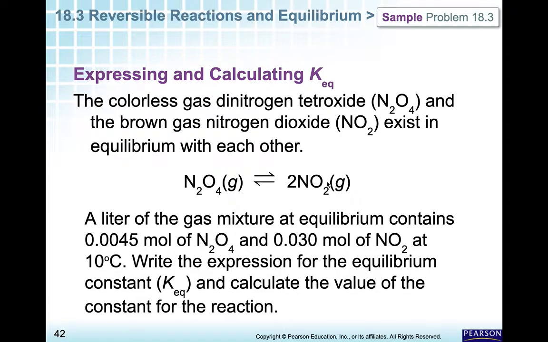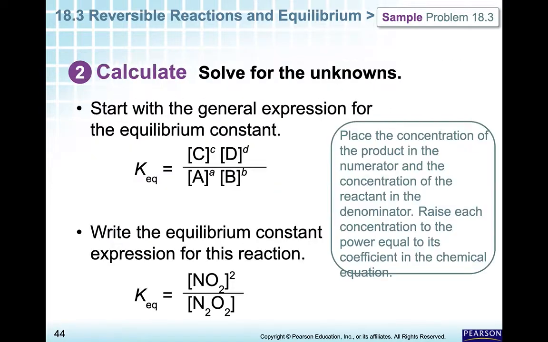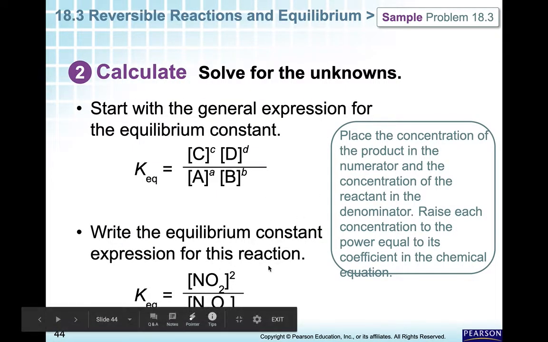We're going to have the concentration of NO2 raised to a power of 2, because 2 is our coefficient here, and that'll be in our numerator, divided by our reactant concentration. And there's no coefficient here, there's no number, so it just has an exponent of 1, which doesn't need to be written. So here's our equilibrium expression.